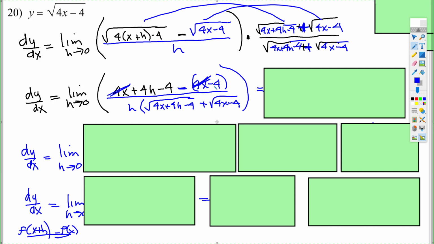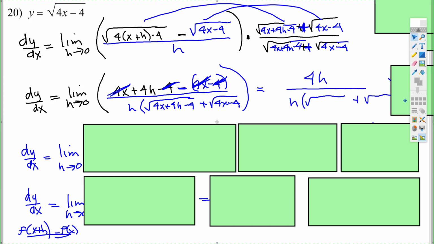Well, subtract a negative is add a 4. So the 4's cancel, leaving positive 4h over that radical, which is the 4x plus 4h subtract 4, plus the 4x minus 4. And then the h's cancel.